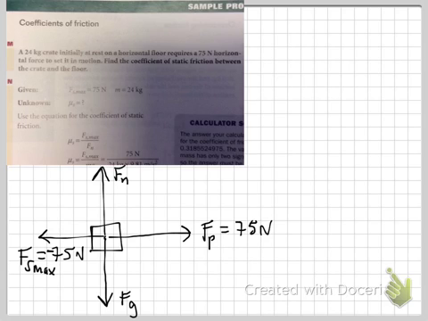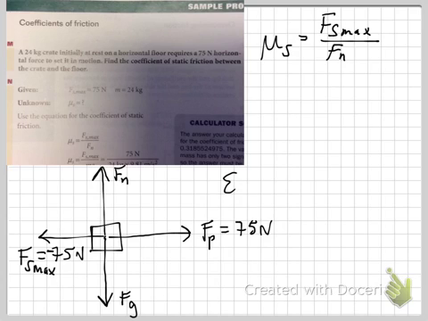So what we want is the coefficient of static friction. So let's write down this. Do we have the static friction max? Yes. Do we have the normal force? We don't have the normal force, but we can create an expression for normal force.